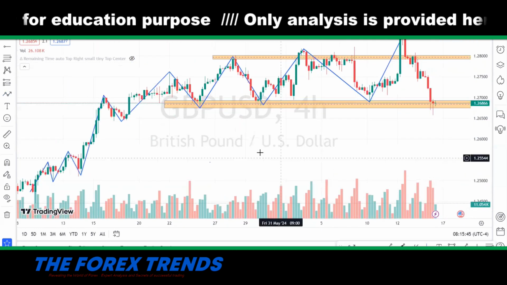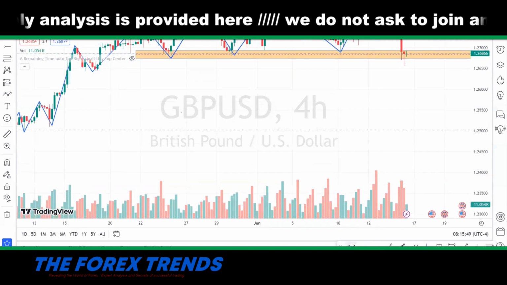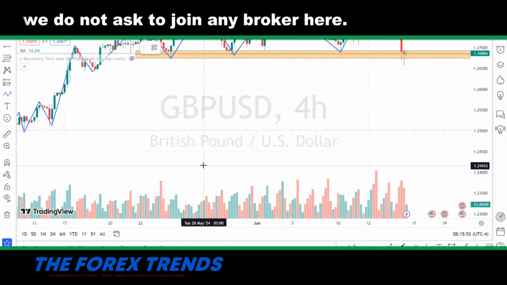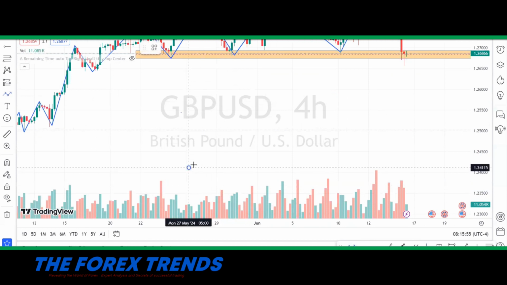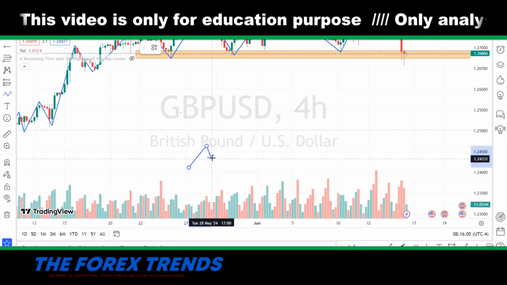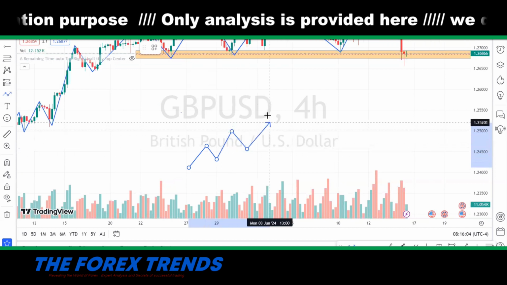So let me discuss this structure, how it forms and how it works. Look guys, whenever the market is moving in a direction, it moves like this: higher high, higher low, higher high, higher lows.